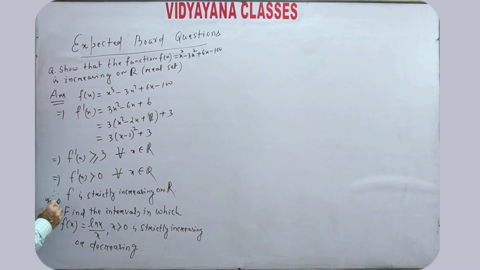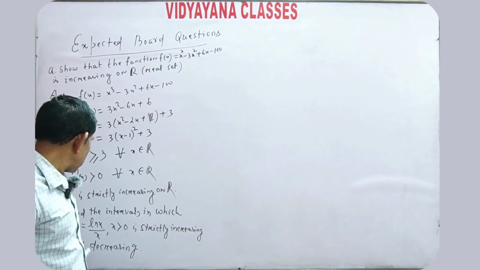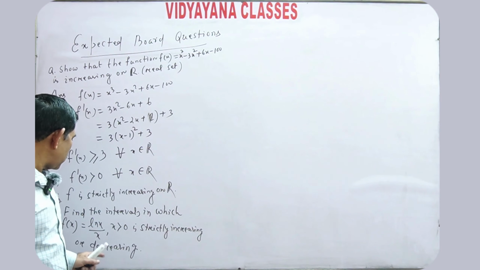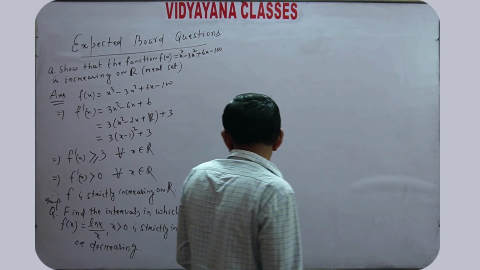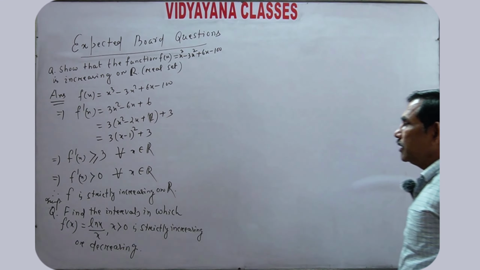Most important question. Clear? Find the intervals in which f(x) = ln x / x, x > 0, is strictly increasing or decreasing.